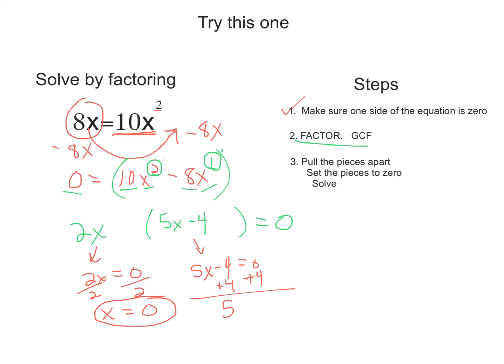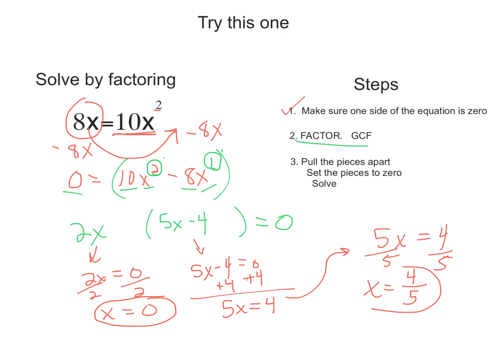So 5x equals 4. I'll bring this up here so we can see it better. 5x equals 4. So divide by 5. X equals 4/5. And we're done. There's our solutions, or roots.